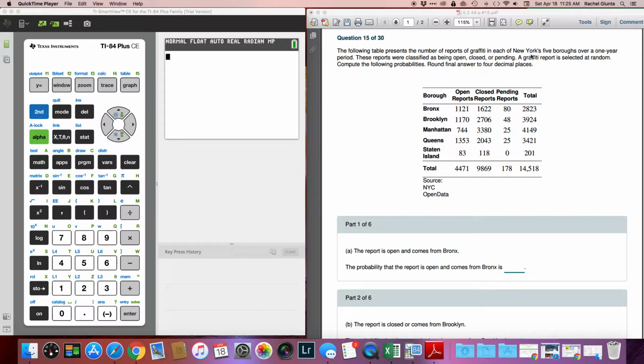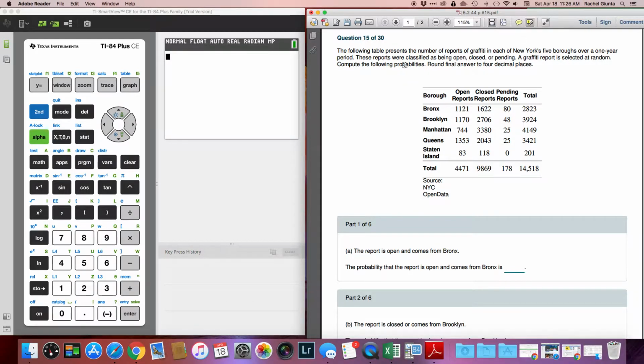It's graffiti reports in each of New York's 5 boroughs over a 1-year period. They're classified by borough, but also by whether they're open, closed, or pending. If a report is selected at random, compute the following probabilities.